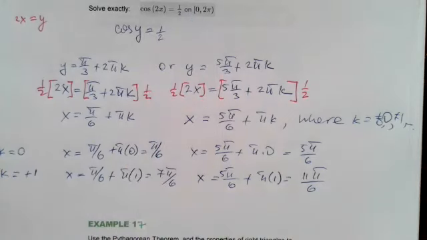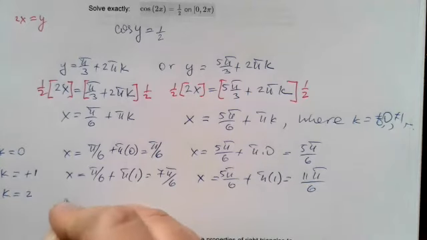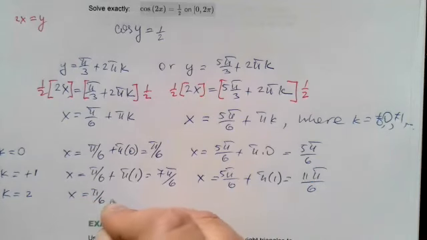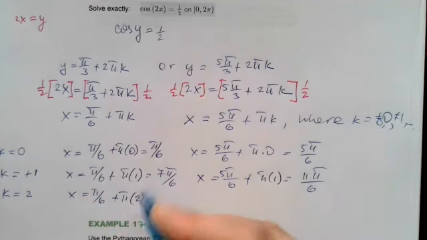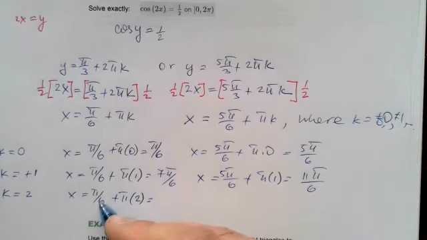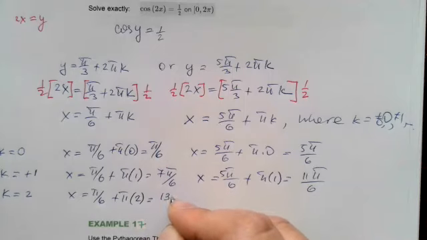So we're good. What about when k equals 2? We're going to have x equals pi over 6 plus pi times 2. So 2 pi is 12 pi over 6 plus pi over 6. That's 13 pi over 6.